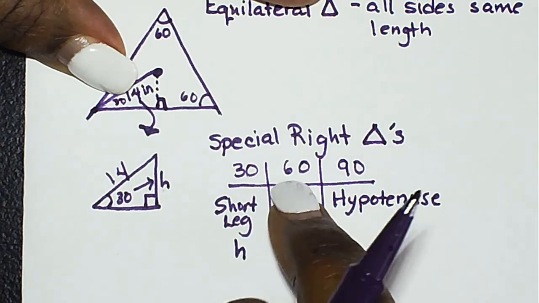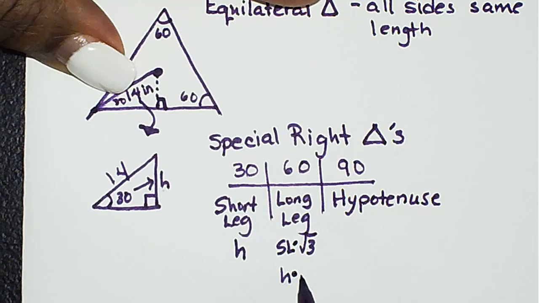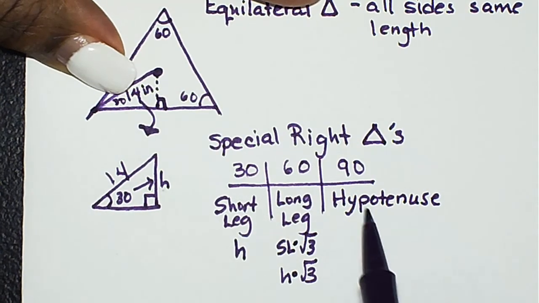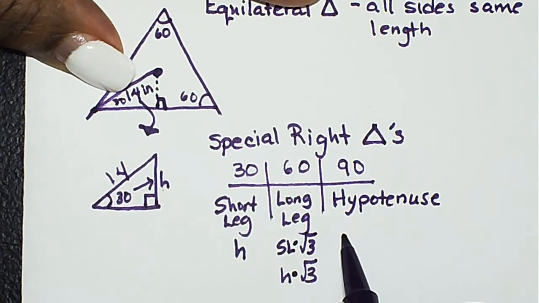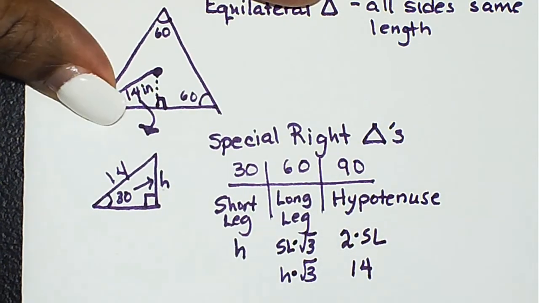My long leg is going to be my short leg times the square root of 3. So in this case, it's going to be that height times the square root of 3. And my hypotenuse, they already told me, is 14, but we know that to be 2 times my short leg. My short leg is H, so that's 2 times H.